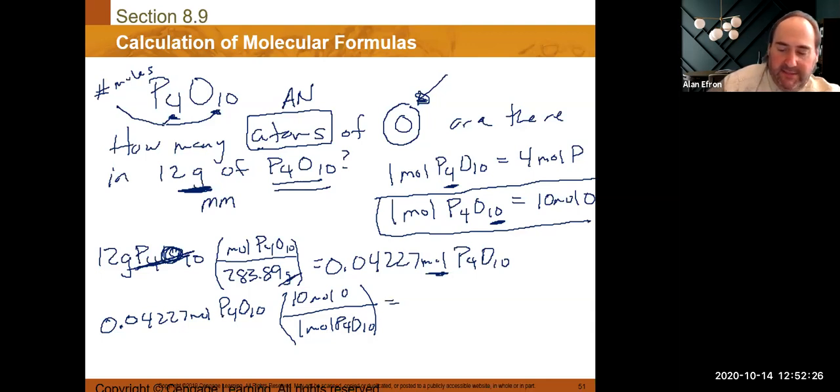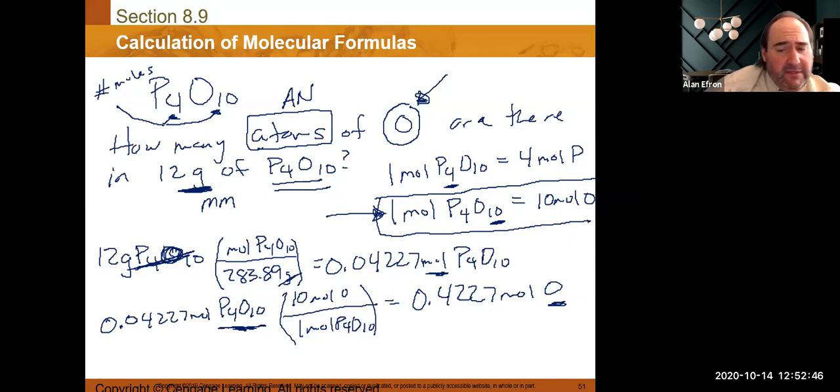And that would get us times 10, 0.4227 moles of oxygen. So by using the formula as a conversion factor, I was able to go from the whole thing to just the oxygen, which is what I'm interested in this question.